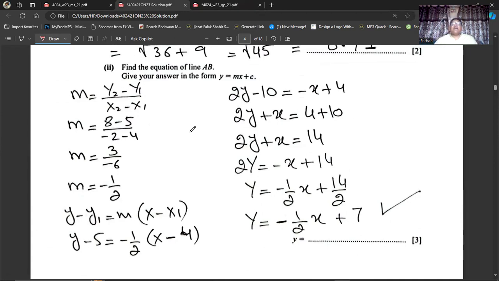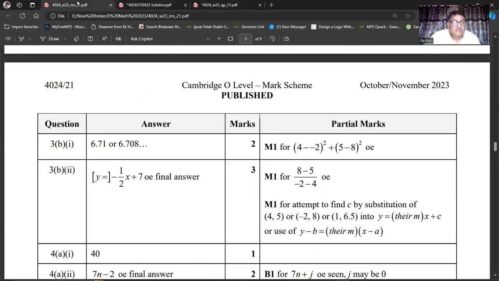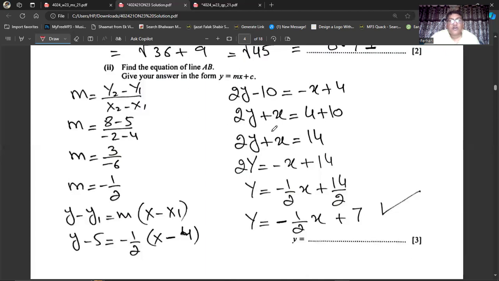So you will have 2y is equal to minus x plus 14. Take this 2, which is multiplying with the y, to the other side. It will divide both the terms on the right side. So you will have y is equal to minus 1 by 2 of x plus 14 by 2. This 14 and 2 can be simplified, so it will become 7. So y is equal to minus 1 by 2x plus 7. So you can see this answer is right. This is how I have done this.